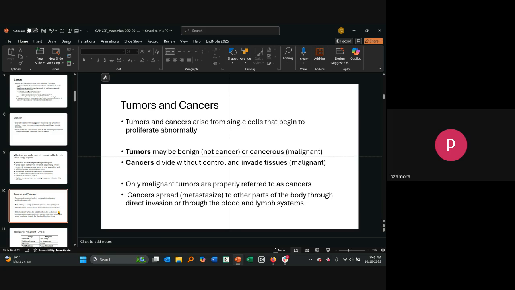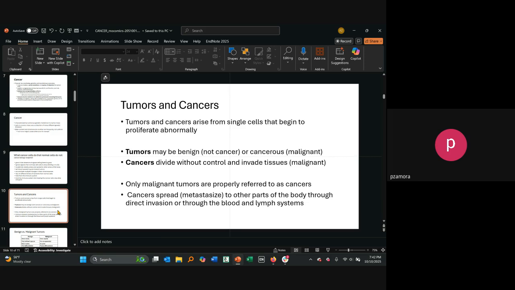Cancers, on the other hand, divide without control and invade tissues. They are malignant. Only malignant tumors are referred to as cancers. So from a medical point of view, that's the distinction between a tumor and a cancer.